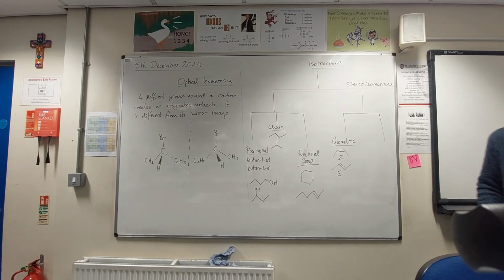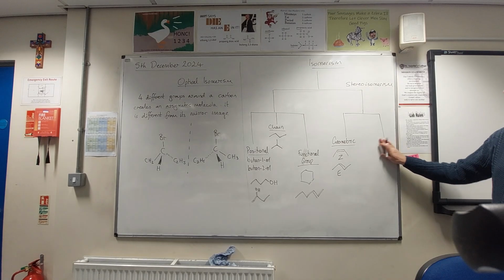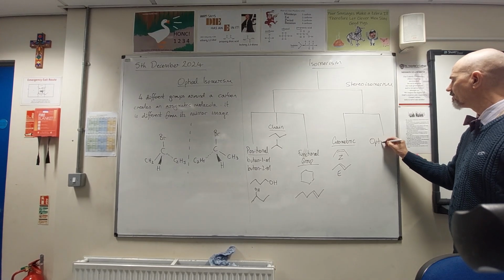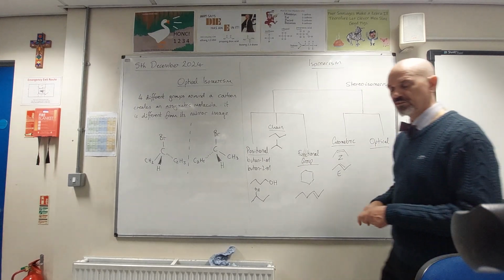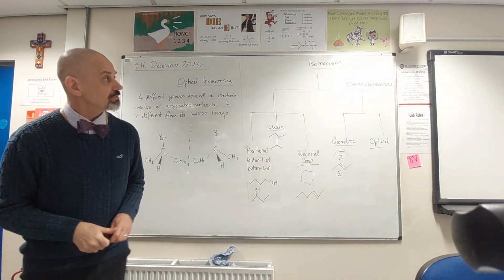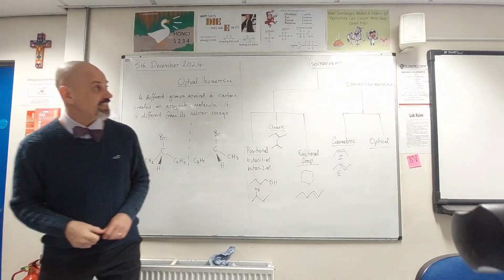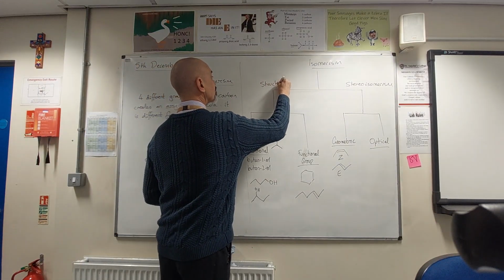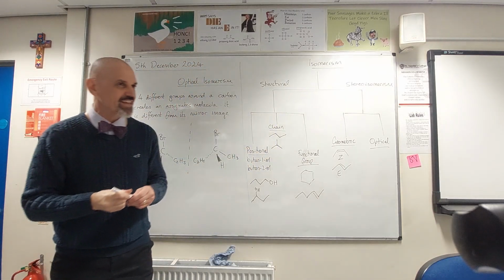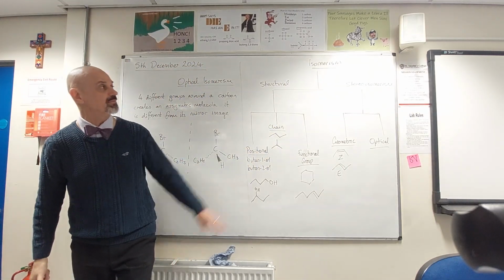Okay. Which leaves optical isomerism over here. So that's our full family tree of isomerism. Sorry, I rubbed out structural there. And just to recap those definitions, they came up in the exam, didn't they?